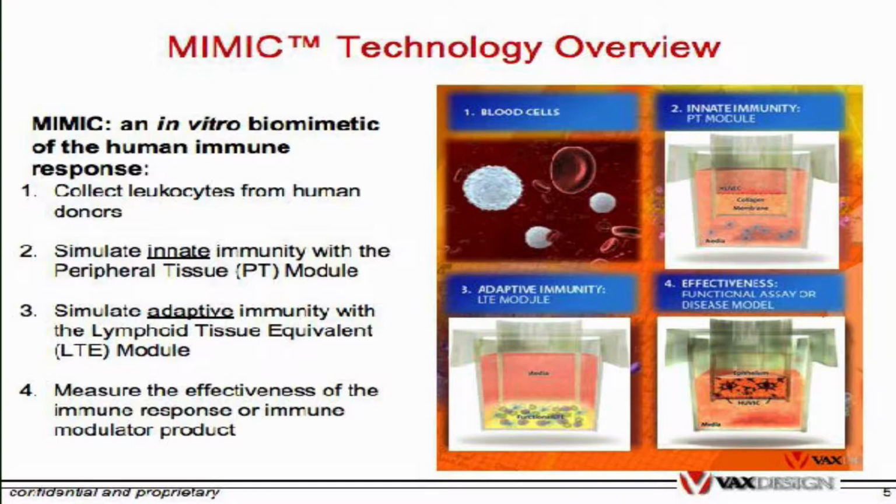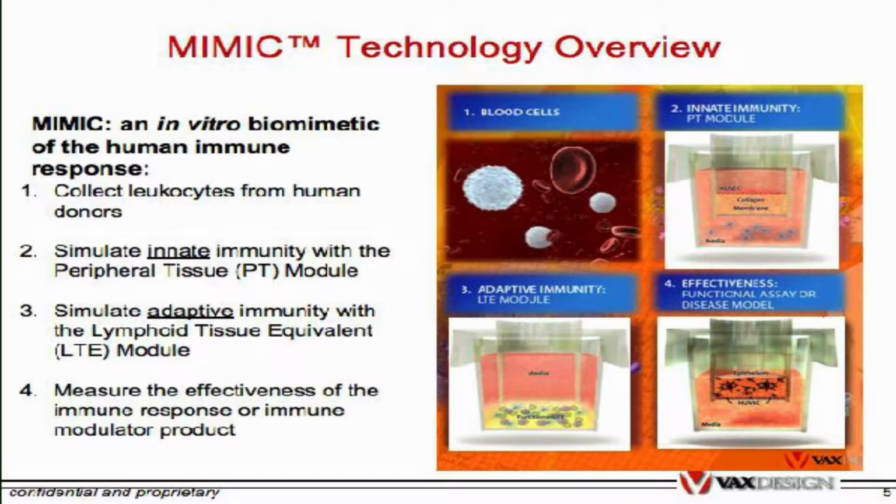Our donor system is comprised of males and females of all ages and all ethnic backgrounds. So we can, in a sense, design a trial or a series of tests that encompass gender-specific requirements or age-specific requirements, if we need to.